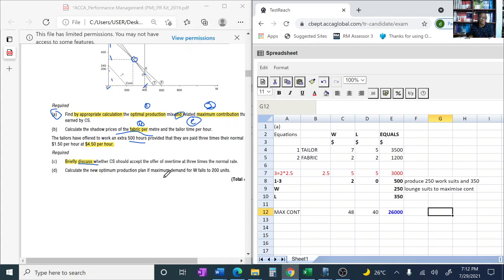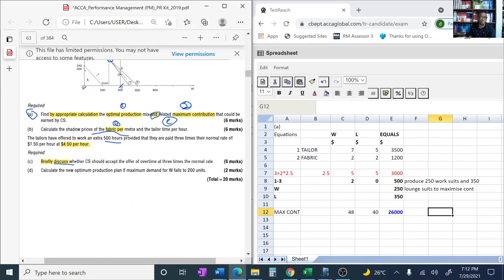And the next bit of the question, which is the shadow price. Now, what is shadow price? Shadow price is simply the increase in contribution when we have obtained an extra unit of a scarce resource, at the original price. Or the maximum premium to be paid on top of how much we already pay for a unit of the scarce resource.